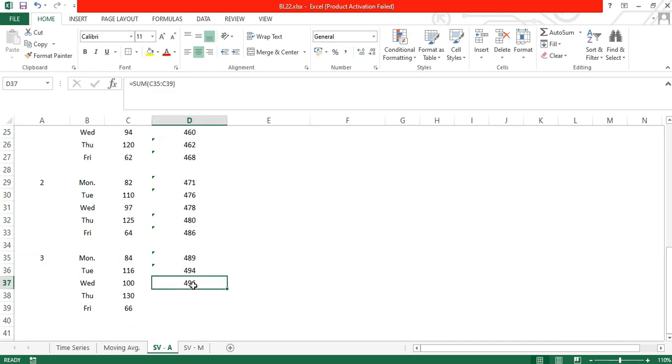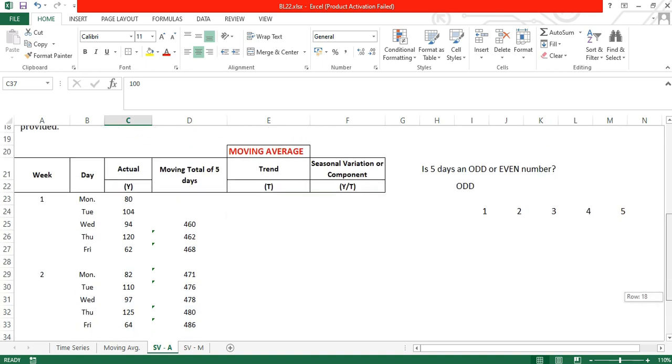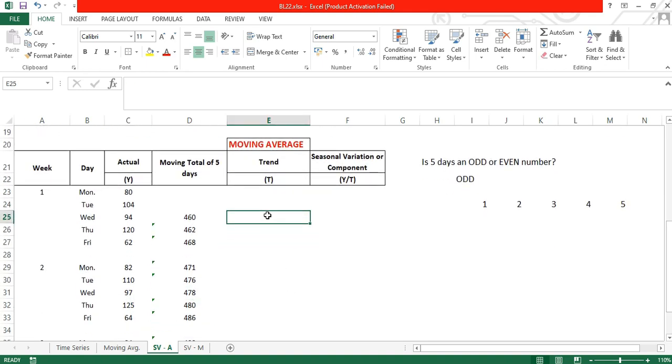That thing you must remember, because as we go row by row, selecting all the numbers, basically taking all the numbers into consideration, we can't have a total for less than 5 numbers. Then get your average.